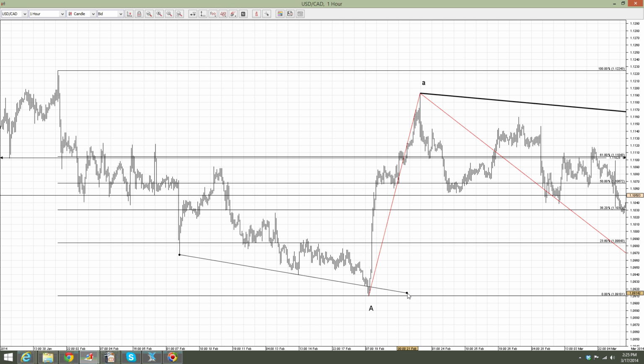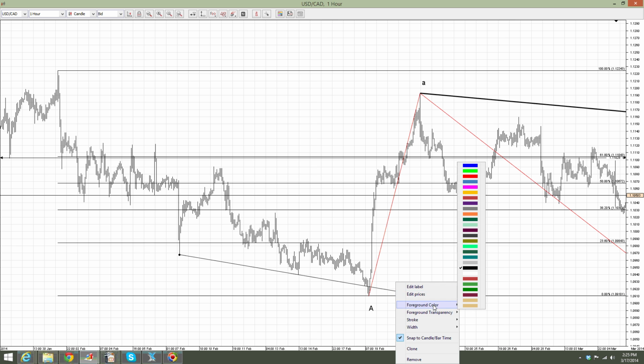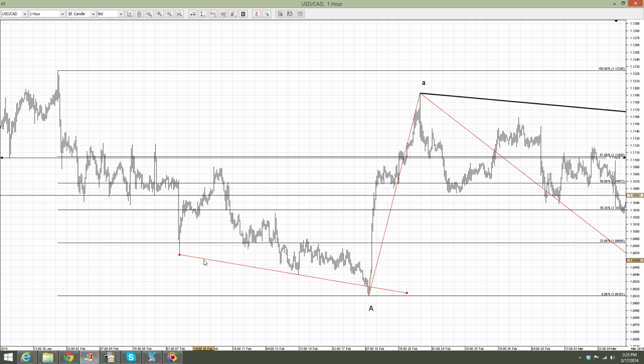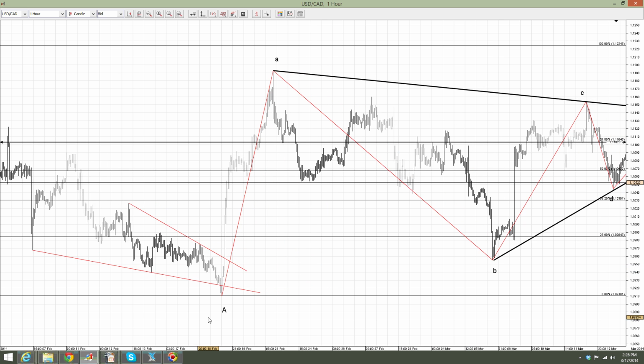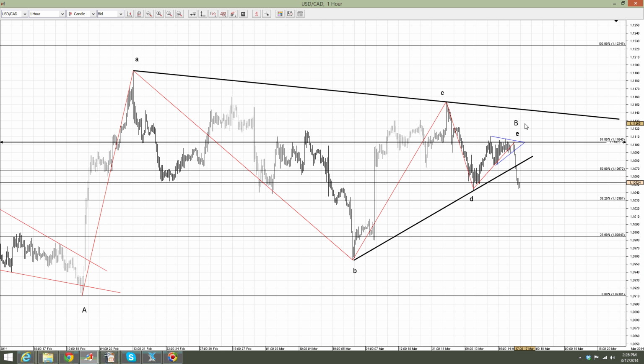I would say it is a terminal impulsive move. Like this, a five-wave structure. And from that moment on, so to have wave A here, then the B wave here. And now what to look for? Well, we're looking for a C wave to come as well.